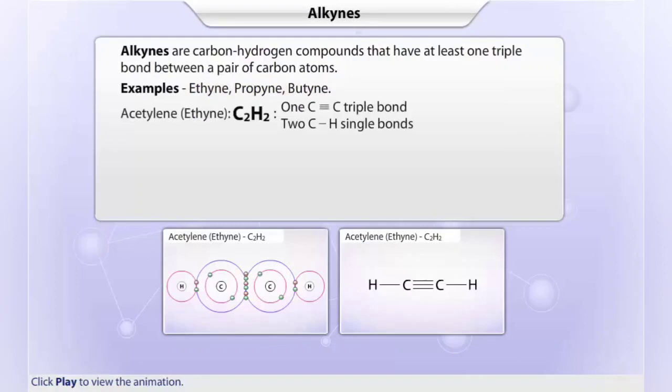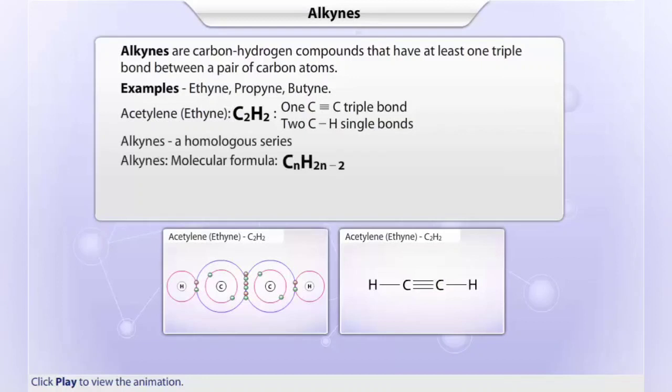In the ethyne or acetylene molecule, the two carbon atoms share 3 pairs of electrons to form a strong triple covalent bond. The hydrogen atoms are each linked to the carbon atom by a single bond. In total, there are 2 C-H single bonds and 1 C≡C triple bond.